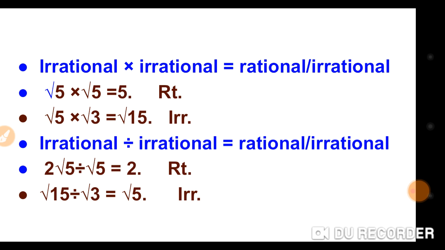So we can see an example, root 5 multiplied by root 5, we get 5, that is rational. But root 5 multiplied by root 3, we get root 15, that is irrational, as root 15 is not a perfect square. And when we divide an irrational number by an irrational number, we also get sometimes rational or sometimes irrational. Here in the examples you can see.